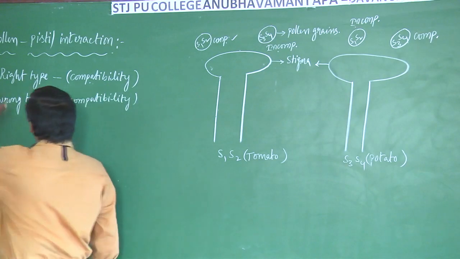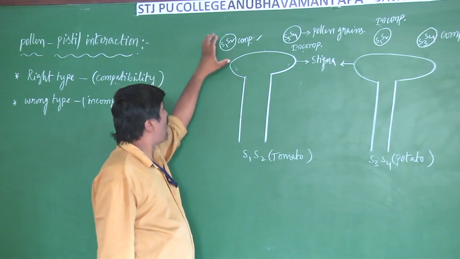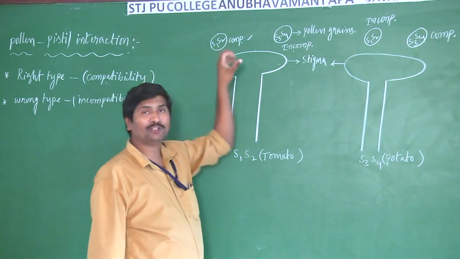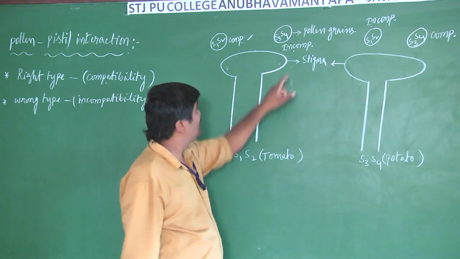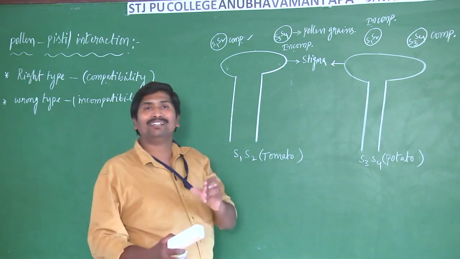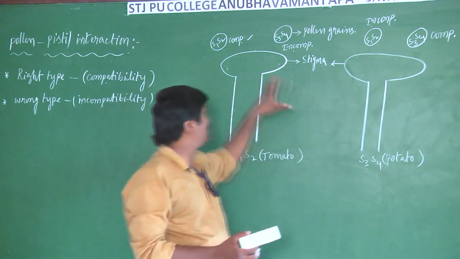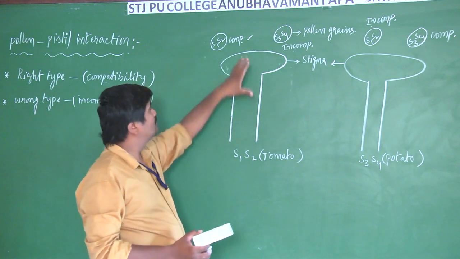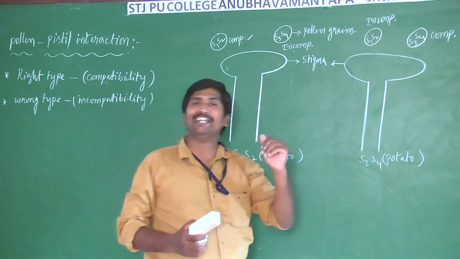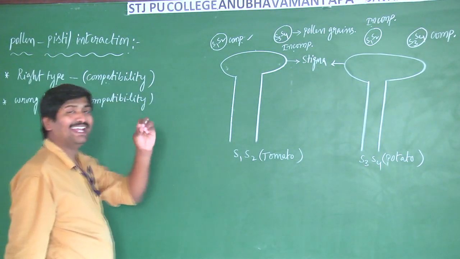Now, what is meant by the pollen-pistil interaction? All events from the pollen grain landing or being deposited on the stigmatic lobe until the pollen tube enters the ovule are together referred to as the pollen-pistil interaction.